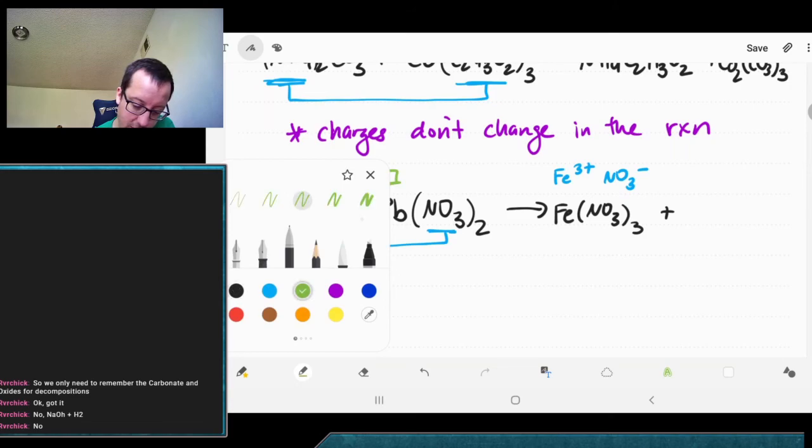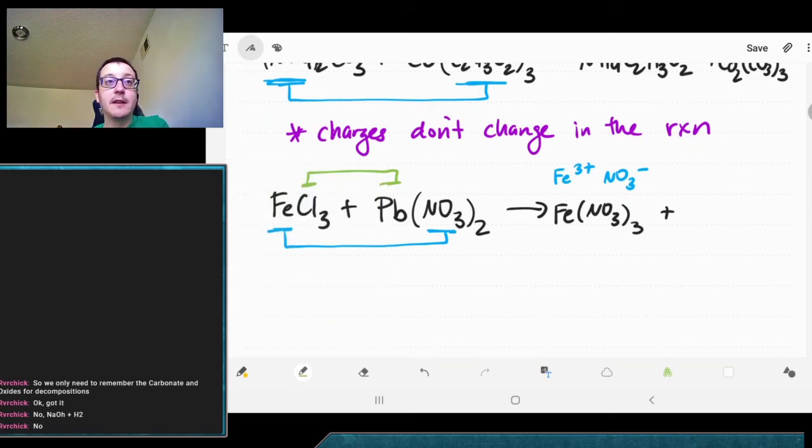And now let's look at the green one. Okay, so the lead here, the nitrate, remember, is -1. So having 2 nitrates is overall -2, which means our lead is +2. So that's lead 2. We know chlorine always takes -1. So putting those together, we get PbCl2 as our product.